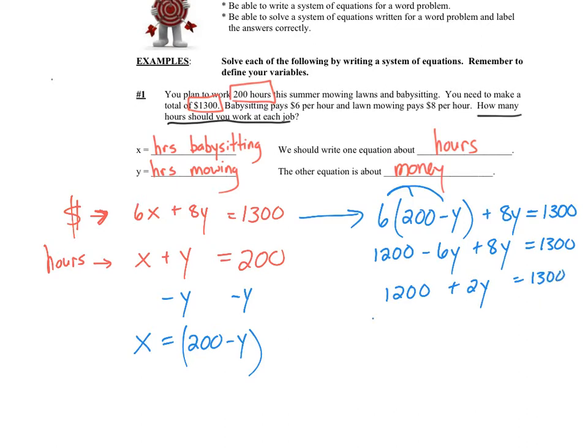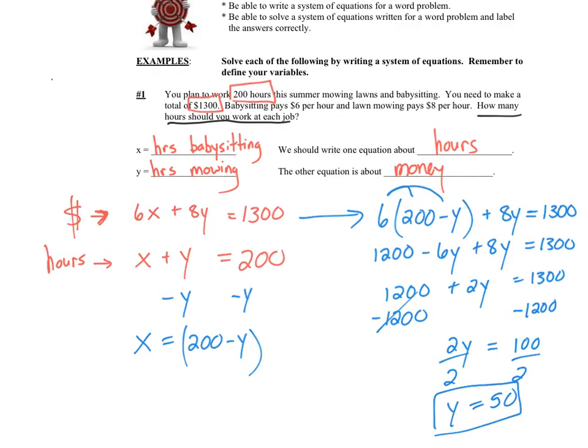Okay. Then let's get rid of that 1,200 by subtracting. So 1,200 minus 1,200 cancels. So 2y equals 100. And now we divide by 2. So y equals 50. So what this means is 50 hours mowing.